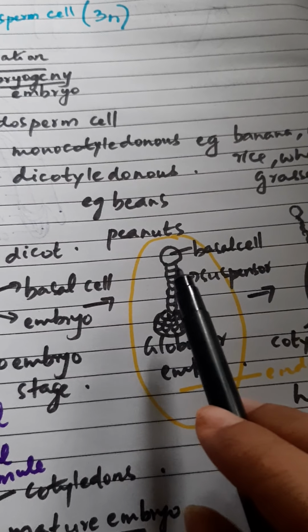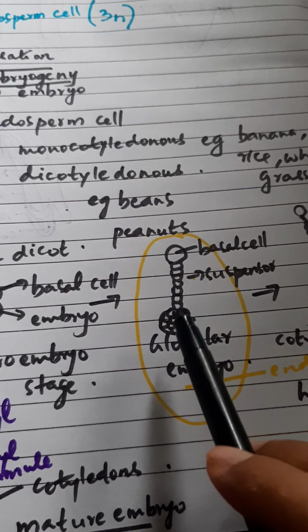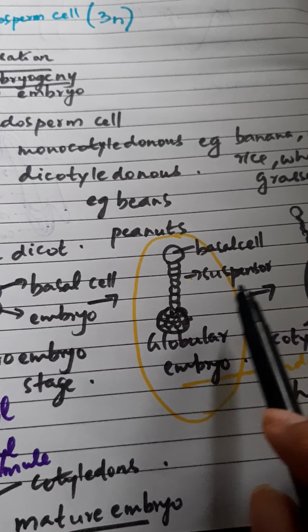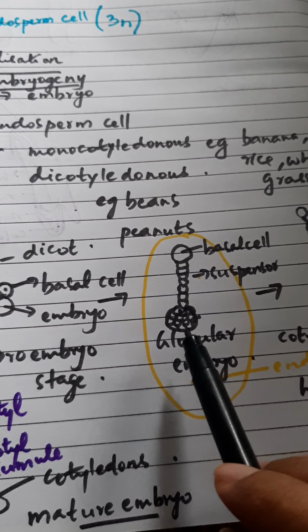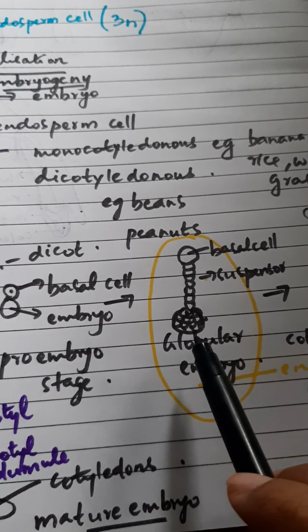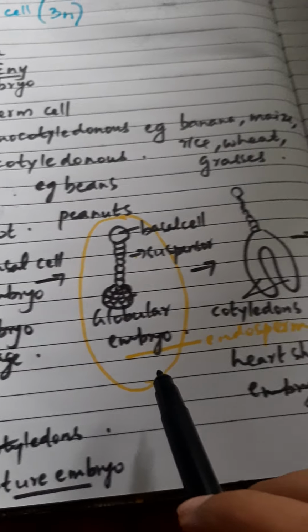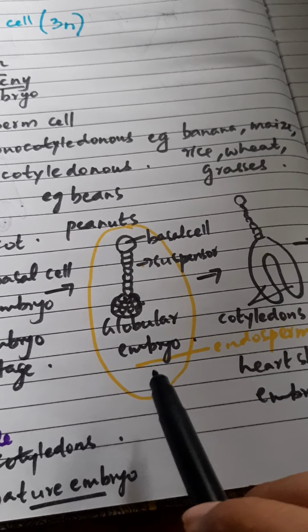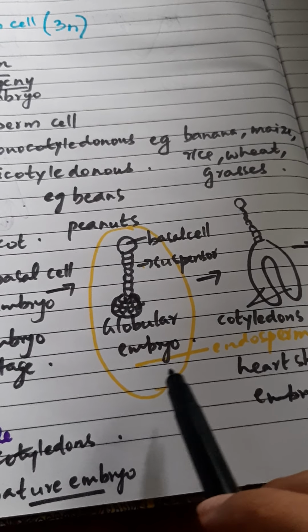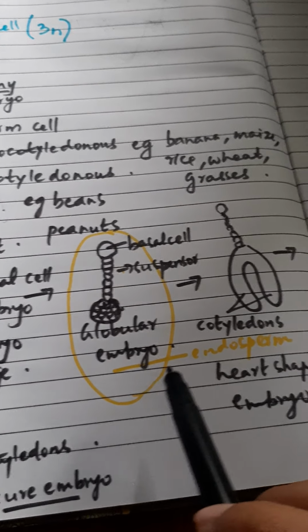The basal cell cuts off more cells serially and they are called suspensor cells, and the embryo divides further to form a globular shape. Suspensor cell pushes the globular embryo towards the endosperm so that they can derive nourishment. Endosperm is filled with food reserves.